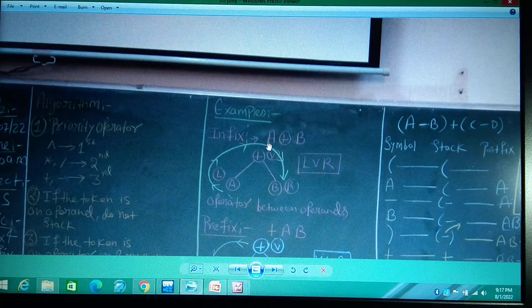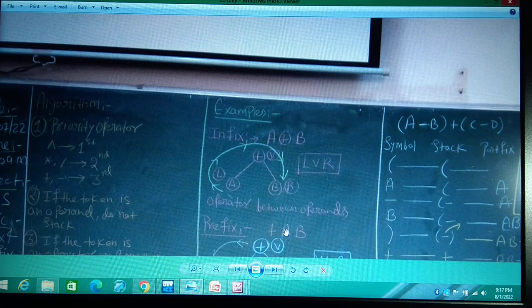Number one is this is A plus B, suppose this one. So what is A, what is this plus, and what is B? A and B both are operands and this plus is an operator. Whenever the operator is between the operands, you will say that this is infix. Very simple.